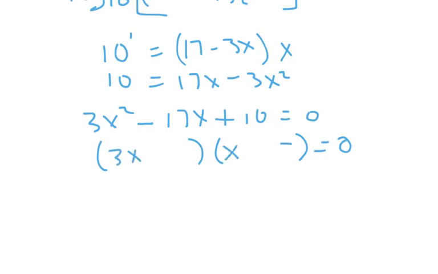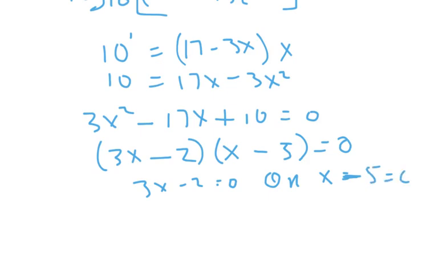I want 5 here and 2 here. That's just experience by doing this. So 5 by 3 is 15 and 2 by 1 is that. They're both going to be minuses. So I know that 3x minus 2 is equal to 0, or x minus 5 is equal to 0. So x is equal to 2 over 3, or x is equal to 5.